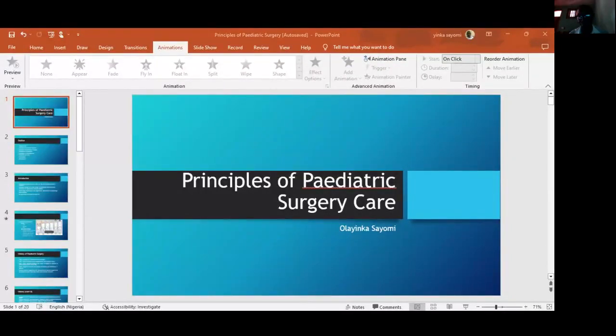Is the slide visible and is it transitioning? Yes, it's visible, but not transitioning. I can only see the first slide. Just give me a minute.